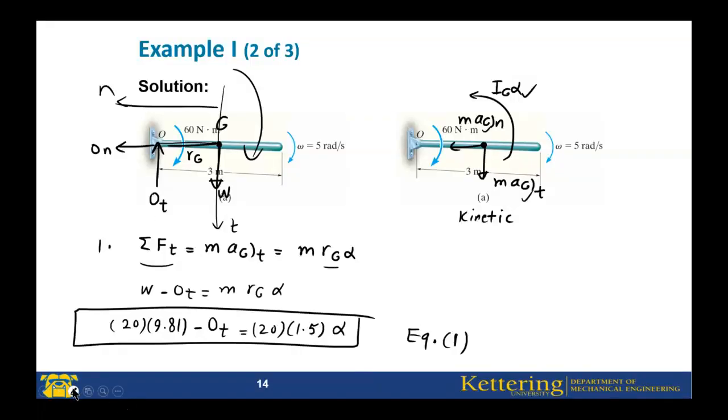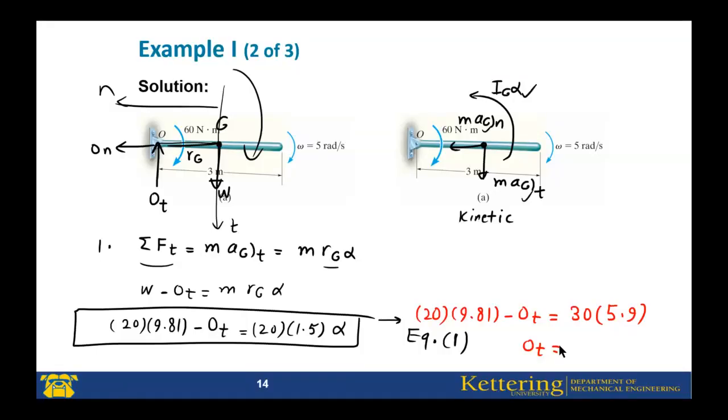Now, from this equation, we already have the ON. We want to solve for the OT. If you put into this equation, 20 multiplied by 9.81 minus OT equals 30, alpha also we found, it is 5.9. Then OT can be found.